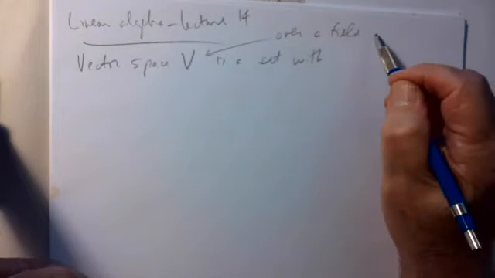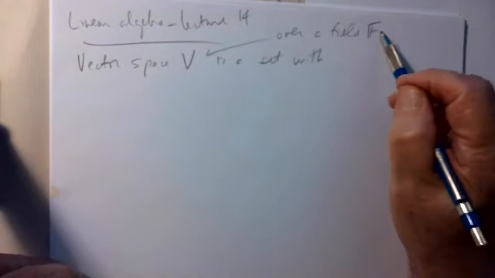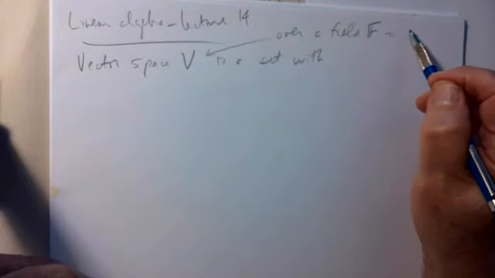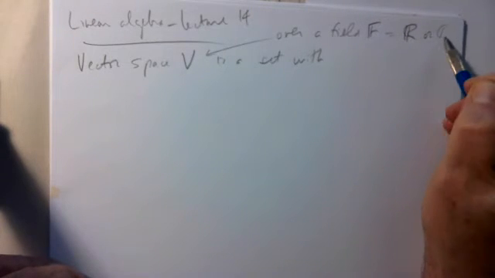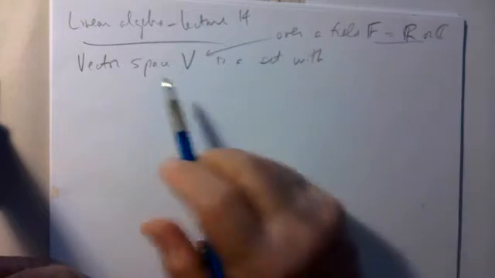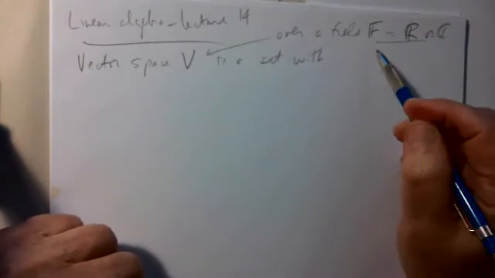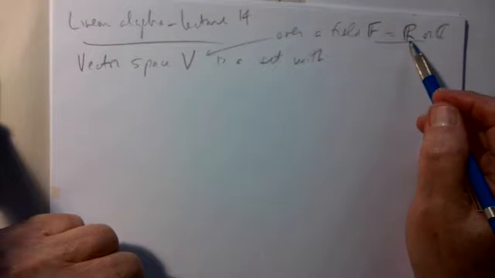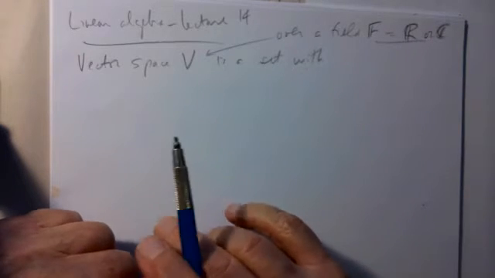By a field, we mean, I'll call it F for field, which is usually the real numbers or the complex numbers. So you have two kinds of vector spaces. One where the scalars are real numbers, the other where the scalars are complex numbers.